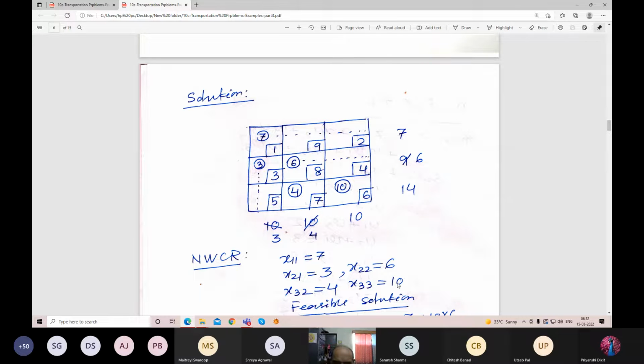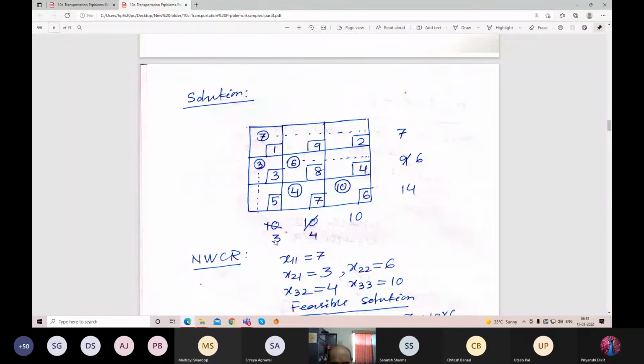You can see here, according to this, the first cell is the northwest corner cell. So we will allocate as much as possible to this cell. Source one is 7 units, destination is 10 units, so we can allocate a maximum of 7 units. Once you allocate 7 units, only 3 units are left out of 10, so 10 minus 7 is 3.